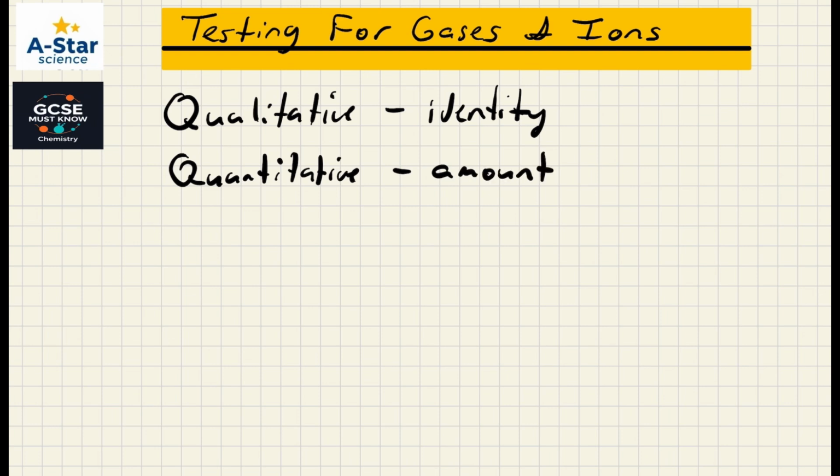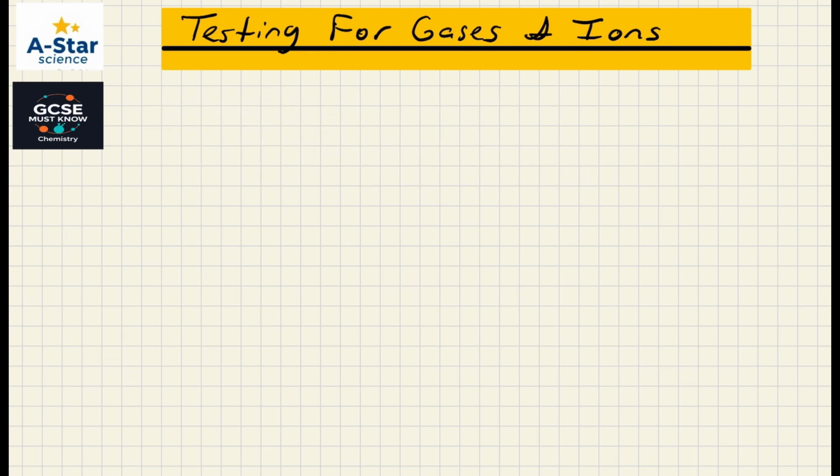And so today we're going to be focusing on qualitative chemistry rather than quantitative. Quantitative is when we looked at moles, looked at limiting reagents, and things along those lines. So qualitative testing, a major part of it is testing for the different gases and ions.